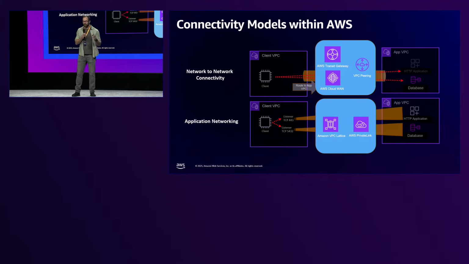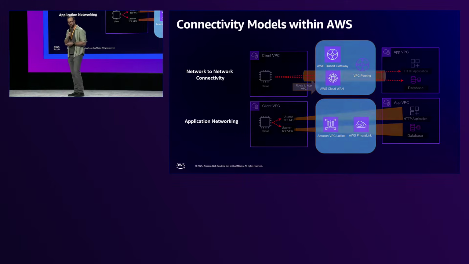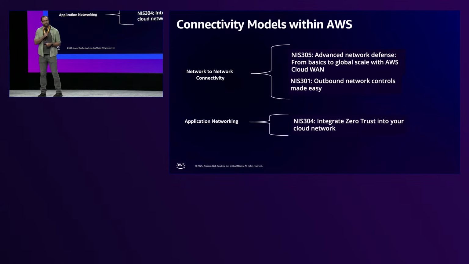Now, our session is going to straddle the line between both of those connectivity models. But if you do want a deep dive on each one of those models, some of those sessions already happened. One of those sessions is actually happening next door to us. But I'll see if you start switching your headsets to the green color, so stay on blue.